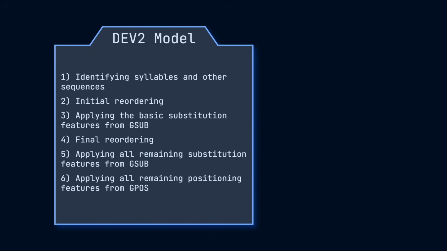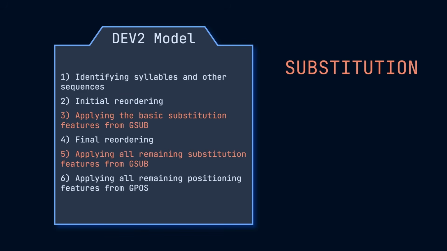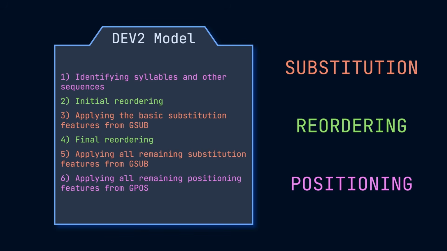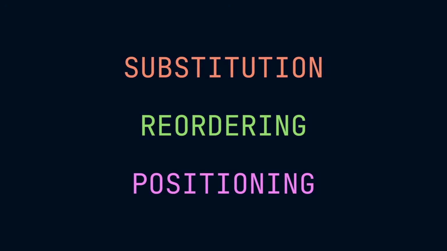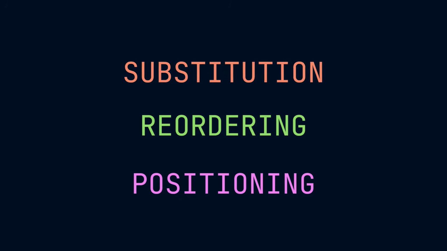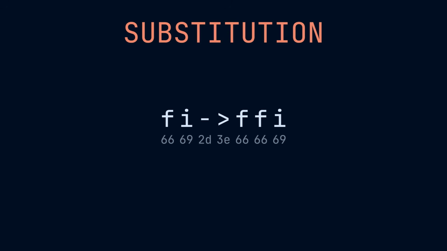You can classify these steps into three major parts: substitution, reordering, and positioning. Let's talk about what these are exactly. The substitution operation replaces a set of code points with different code points. One place where substitution is required is with ligatures, where a set of multiple glyphs can be replaced by a single glyph that combines them together.